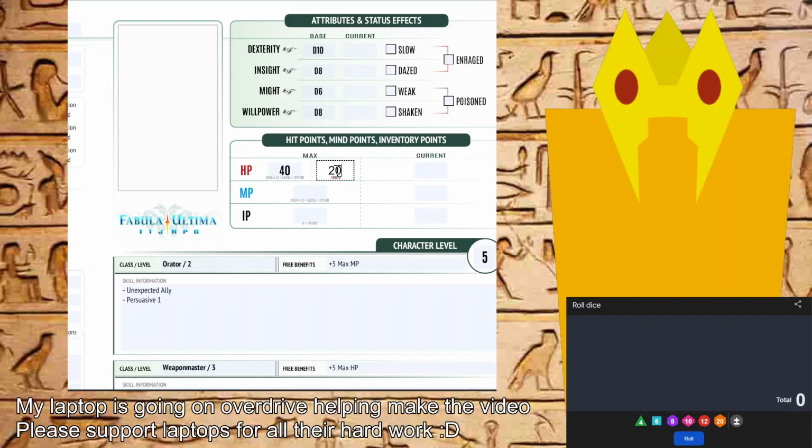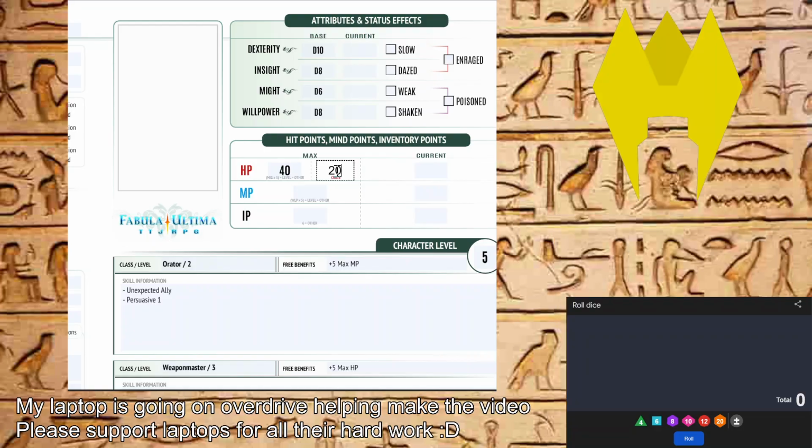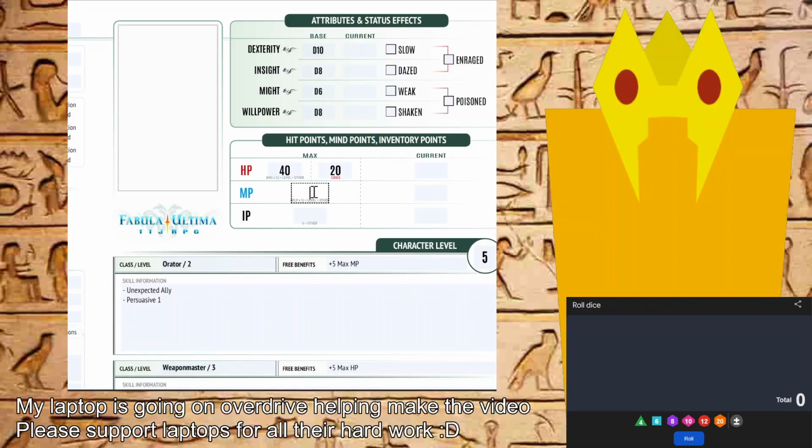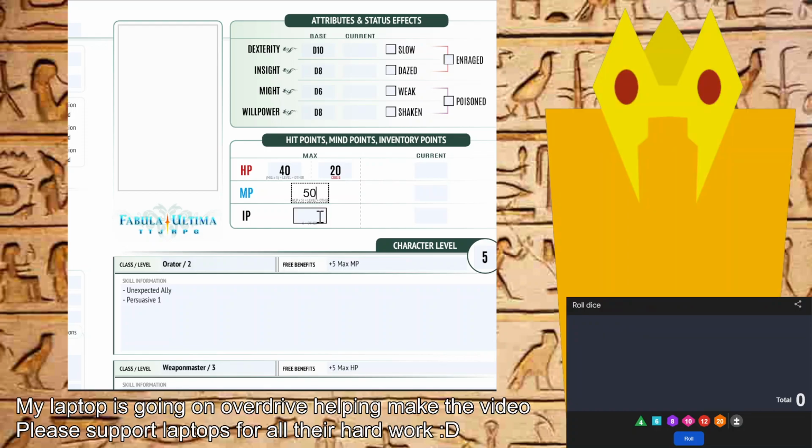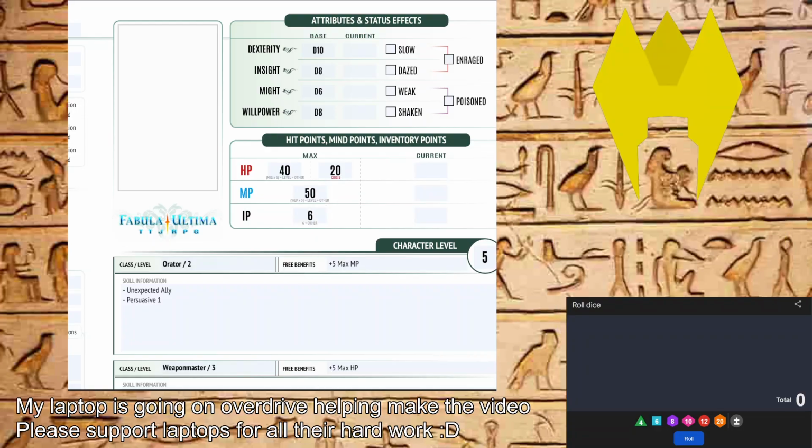Next is our mind points, which is the same thing except with our willpower, which in this case is a D8. D8 times 5 is 40, 45, but plus our orator it is 50. And our inventory points are always a base of 6 unless it gets increased by other things.